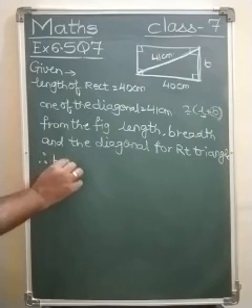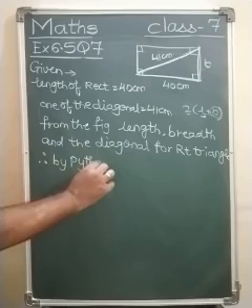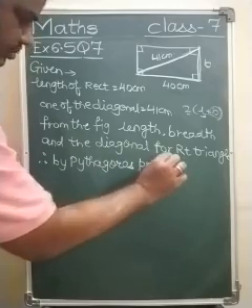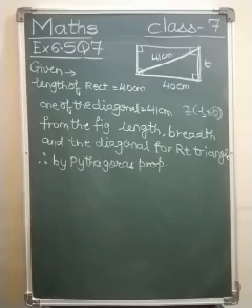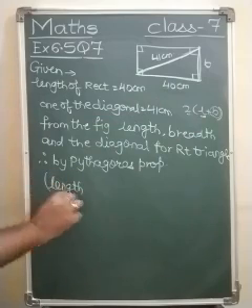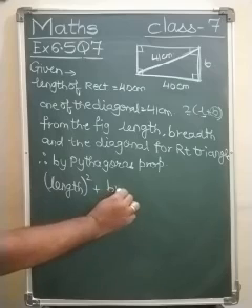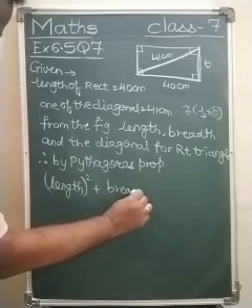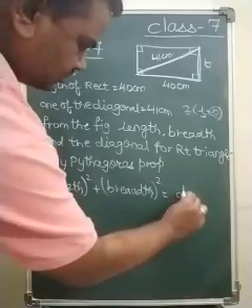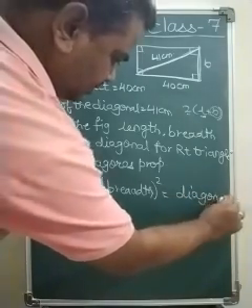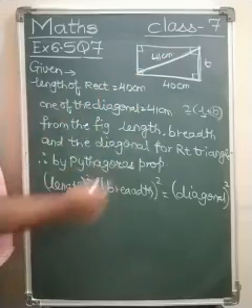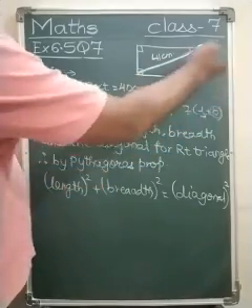Therefore, by Pythagoras property, length square plus breadth square equals diagonal square.